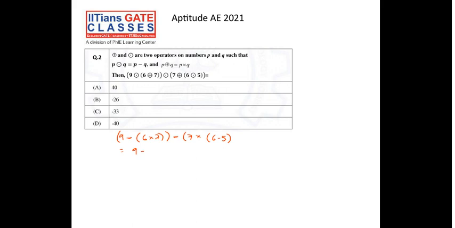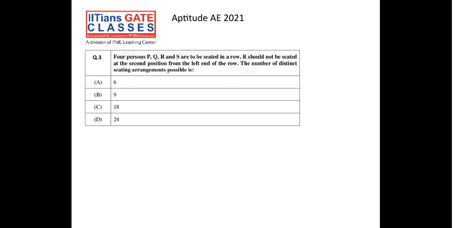This comes to 9 minus 6 sevens are 42, minus of 7 into 1, which is 7. This comes to 9 minus 42 minus 7. The final answer is minus 40. So D is the correct option. Next question.